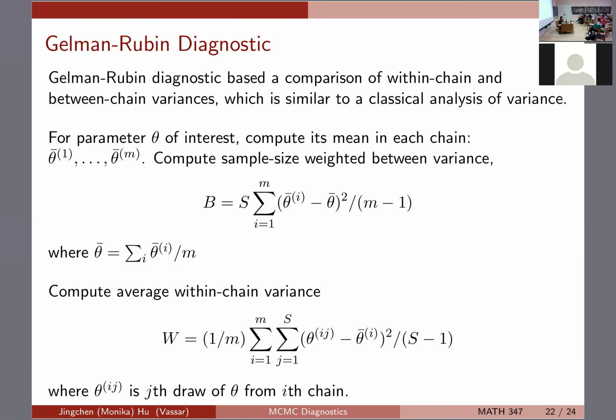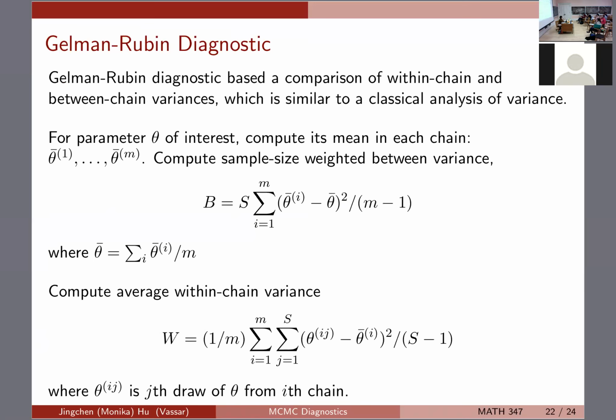If the ratio between and within is in a certain range, I will be able to tell that all of the chains are doing similar things, right? So this is the general idea. But again, we won't go into detail, because in R it's just one line of code that will tell you the result. I want to give you the intuition of what the Gelman-Rubin diagnostic is doing, okay?